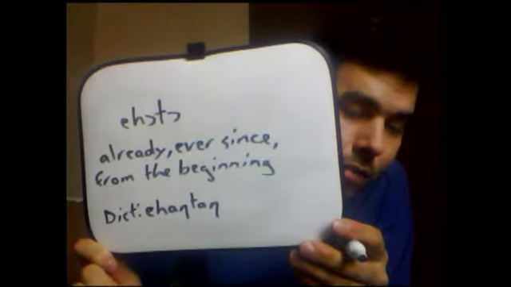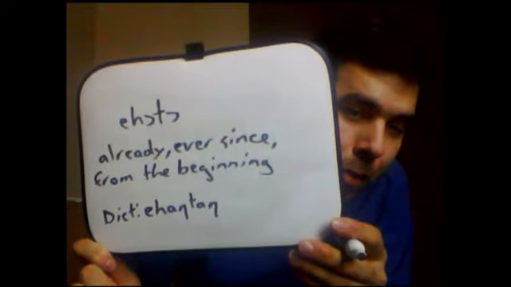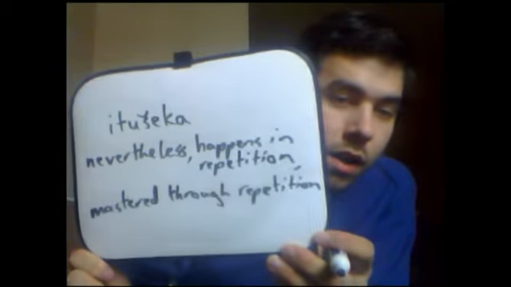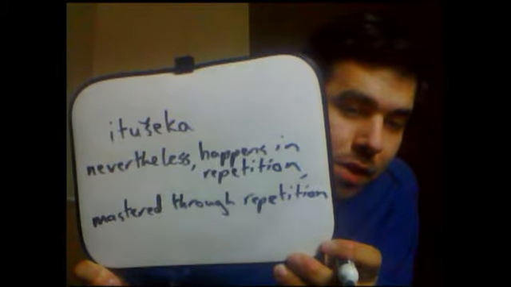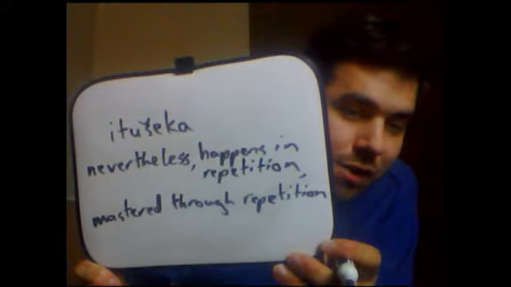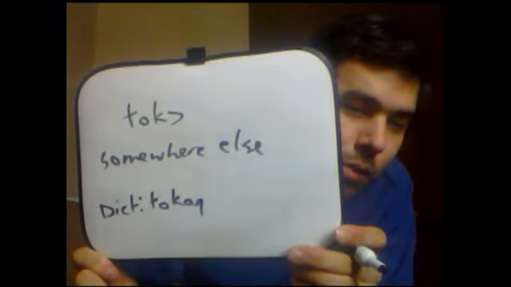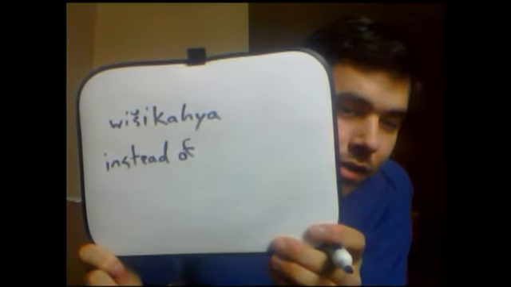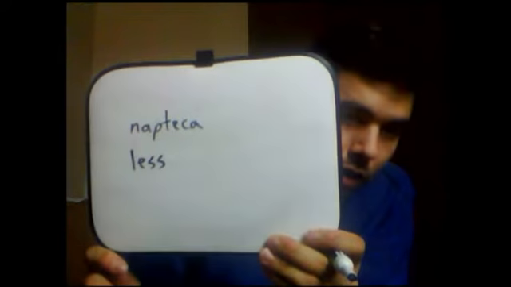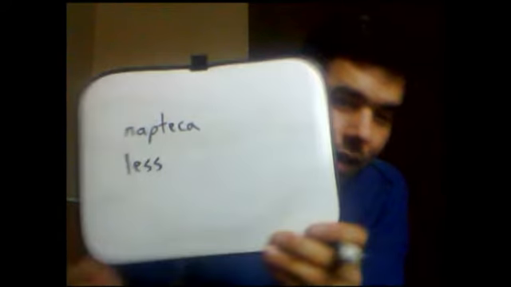Ehata, already, ever since, or from the beginning. Itusheka, nevertheless, it happens in repetition or it's mastered through repetition. Toka, somewhere else. Wishikahia, instead of. Napatecha, less than.